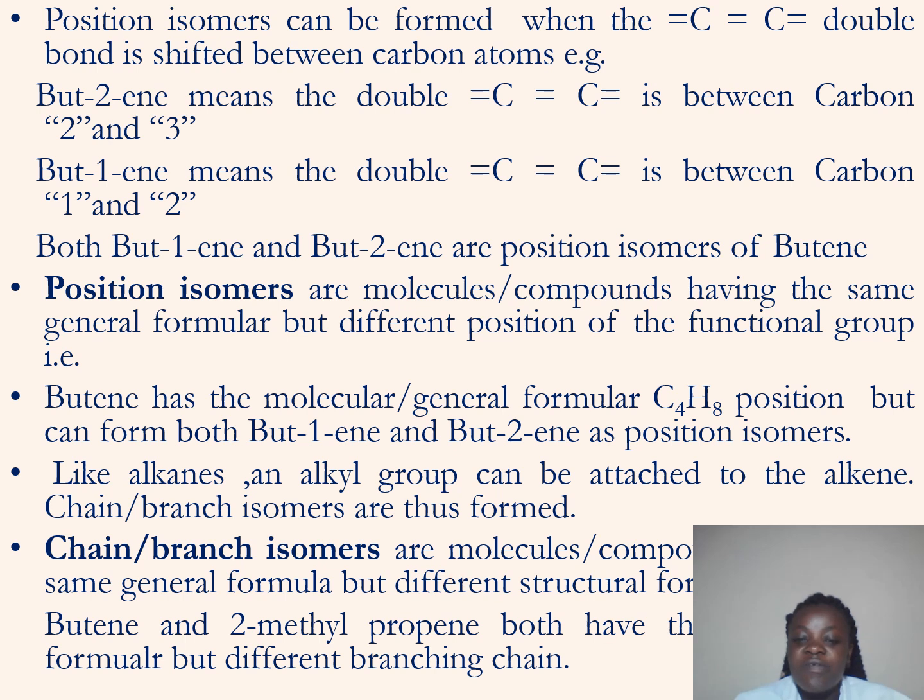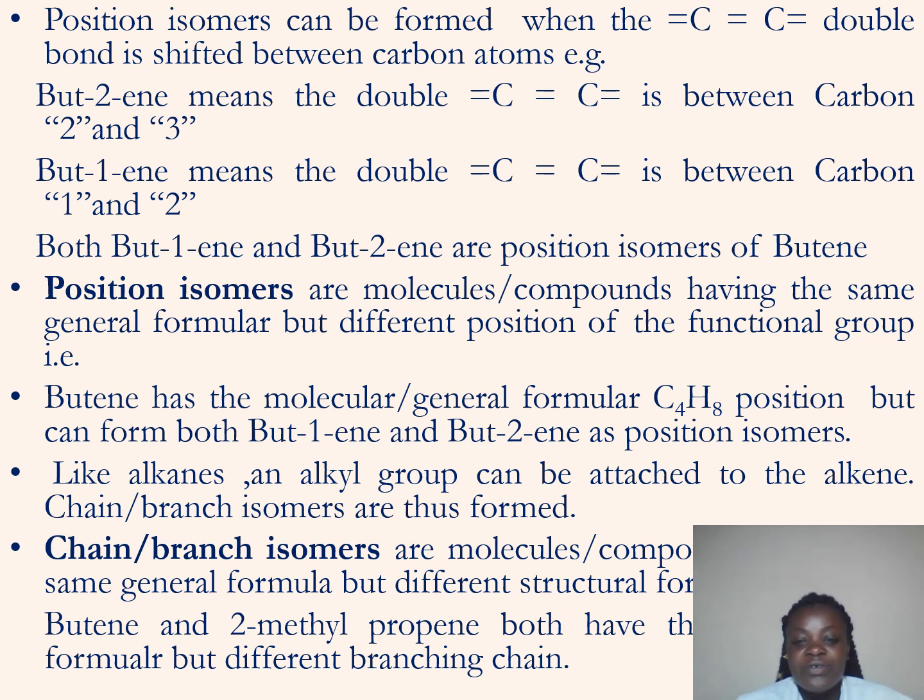So we can also define chain or branch isomers as those compounds having the same general formula but different structural formula. For example, we have a butene and a 2-methylpropene.